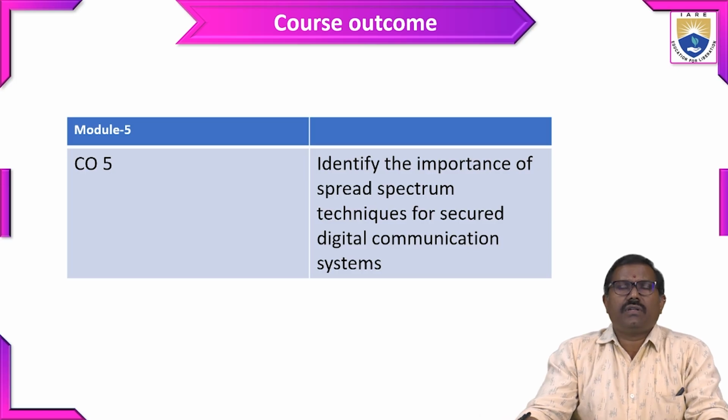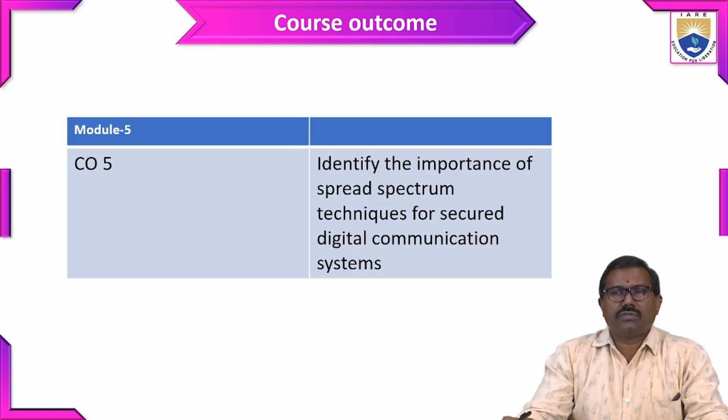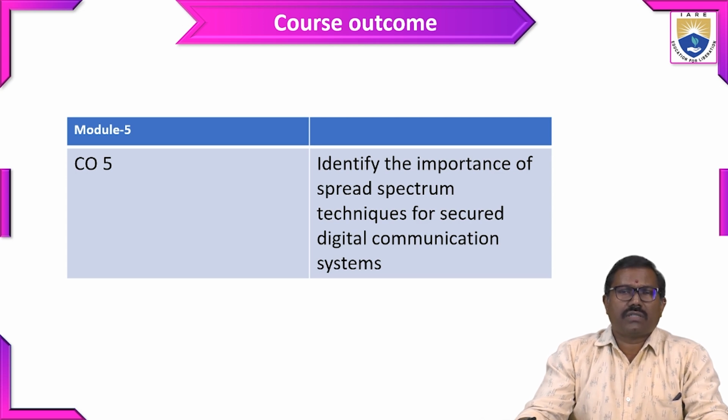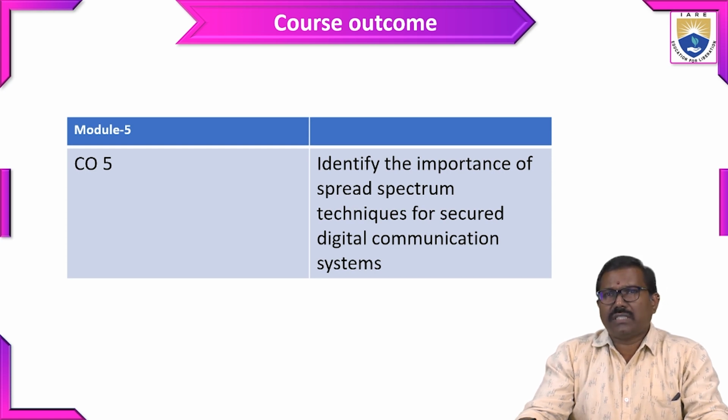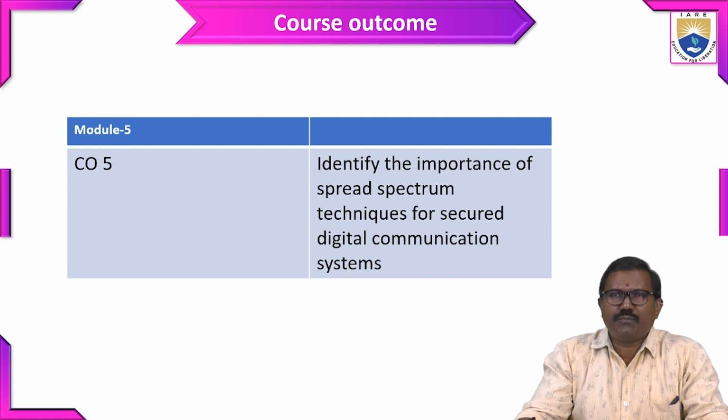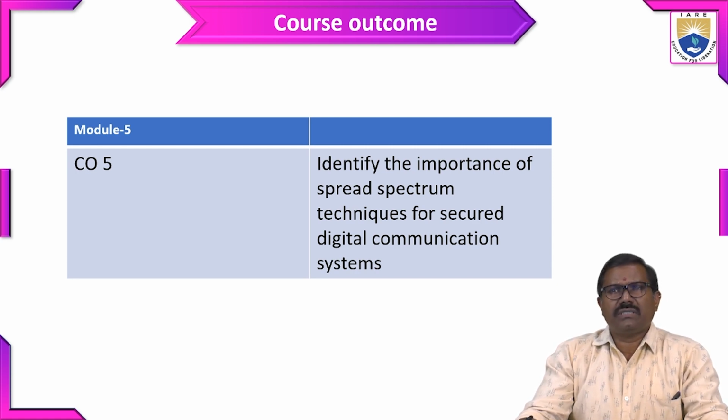Coming to the course outcome, this topic comes under module 5, which covers CO5. Course outcome 5 is to identify the importance of spread spectrum techniques for secure digital communication systems. So spread spectrum techniques are used for secure digital communication systems.